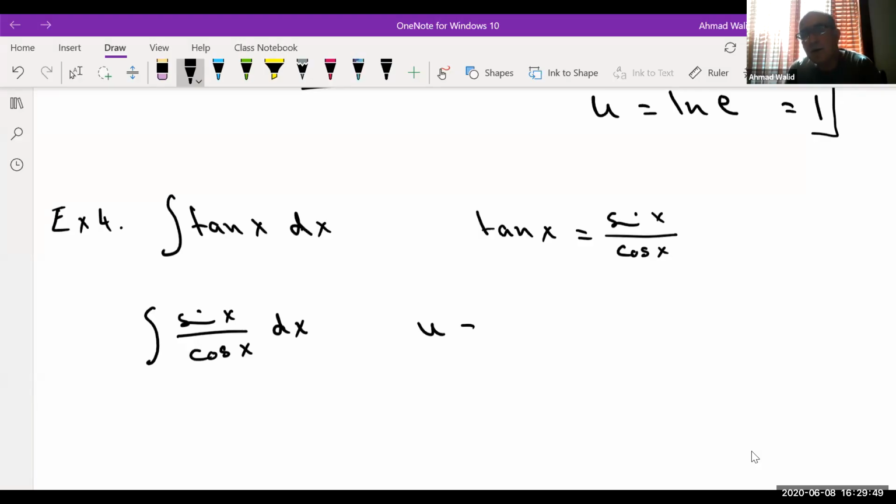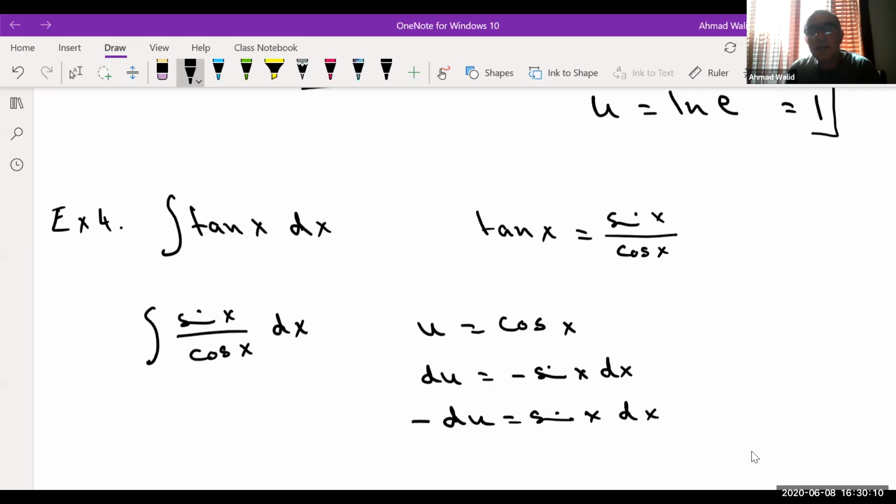Then name your u cosine x. Then du equals negative sin x dx. The derivative of cosine x gives you negative sin x. If you solve for sin x dx, then negative du equals sin x dx. Then let's do the substitution.